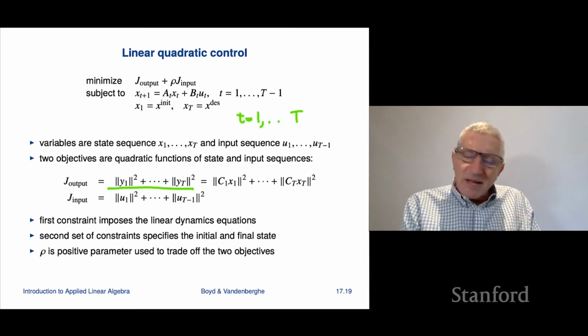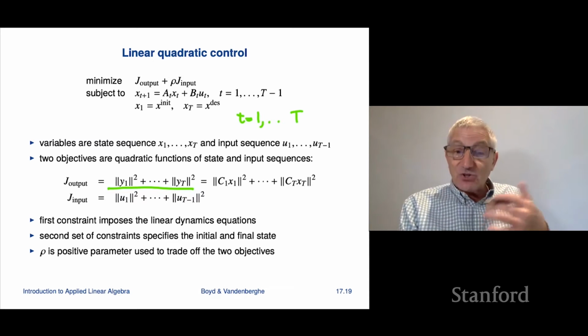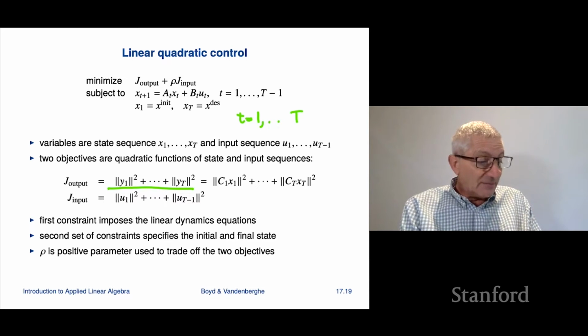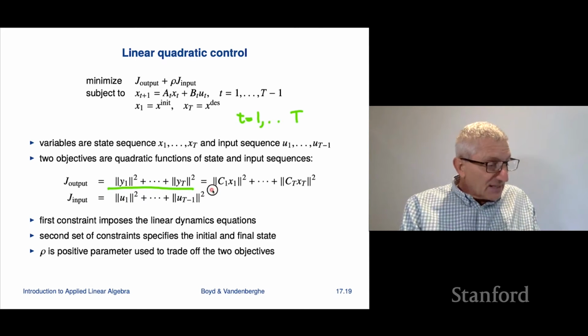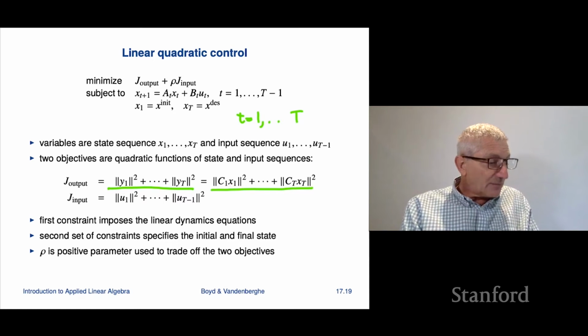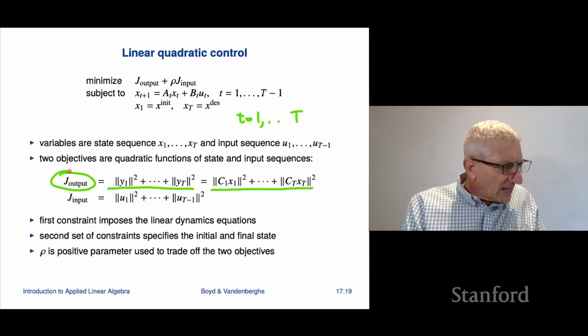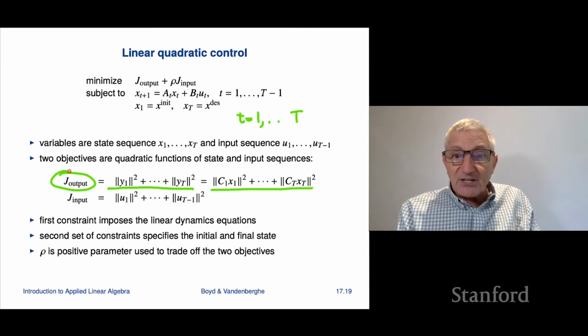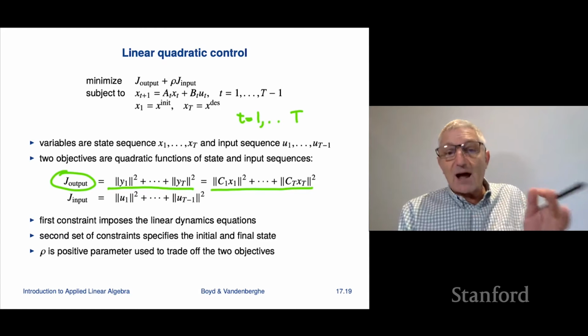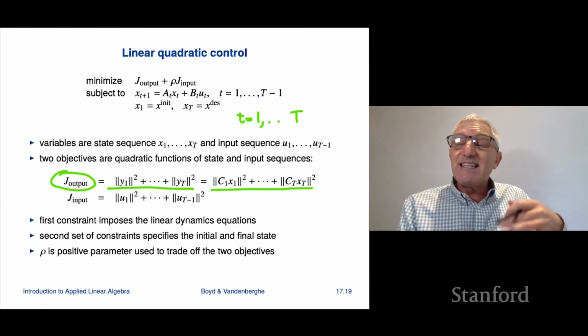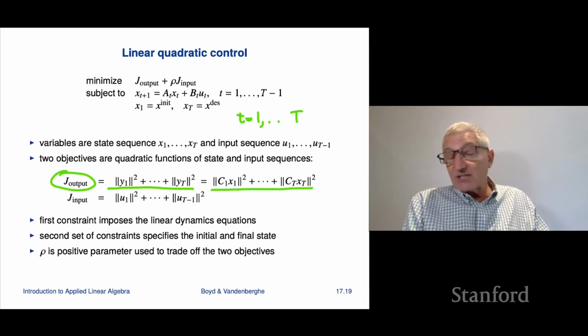In many cases, you actually choose the output to be literally the things that you want small. That's the same as the sum of the norm squared of C x_t, because C_1 x_1 is y_1. Some people call that a measure of regulation. You want the output to be small. Remember, y_t represents a deviation from a desired state, so that's why you want it small.